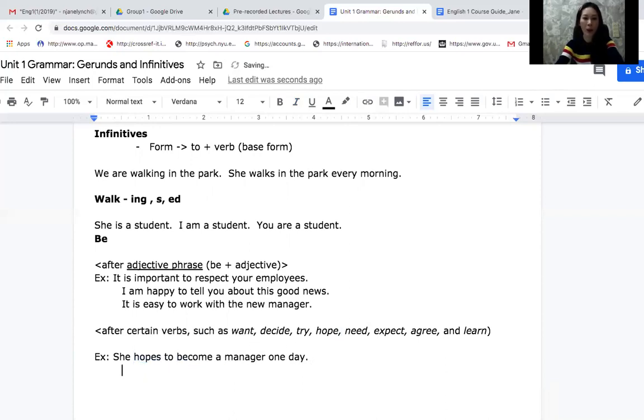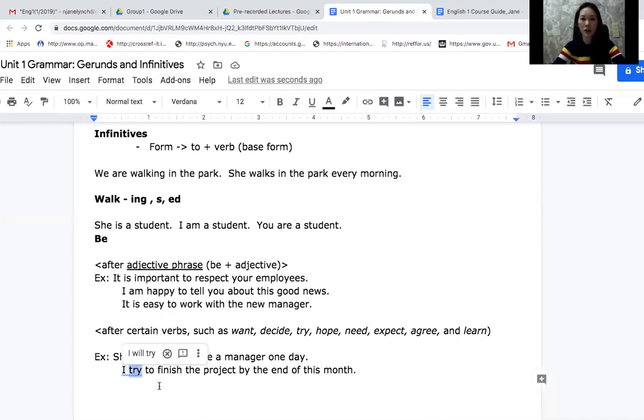What about more examples? I'm going to use this verb try because we often use this verb in our daily life. So, I try to finish the project by the end of this month. What is the main verb?